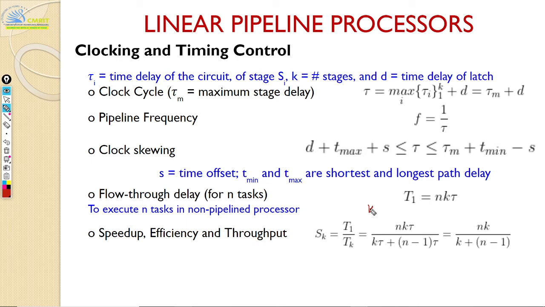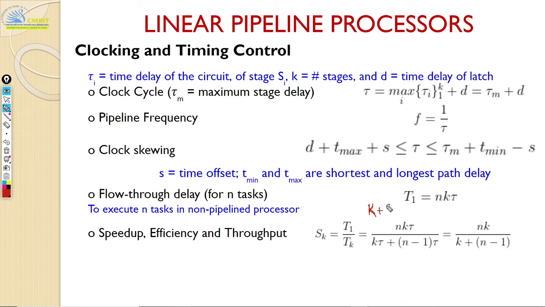Your first instruction is going to take k cycles, correct? For the first instruction to come out of your pipeline, you are going to fill the entire pipeline. Let us say you have a 4-stage pipeline, only at the end of the 4th stage, in the 5th clock cycle, you will get your first output. That is why your first instruction will take k cycles.